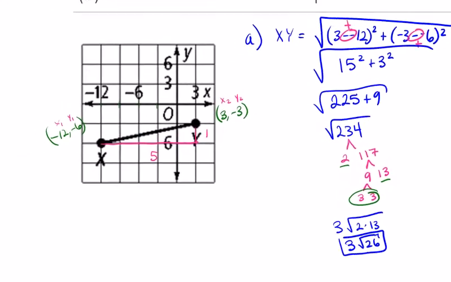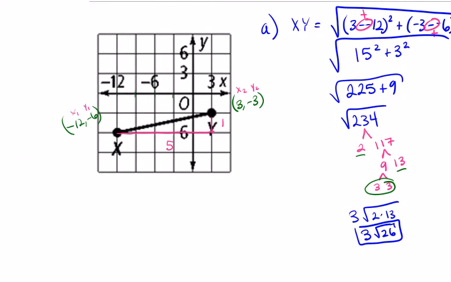All right, so next let's find the midpoint. I'm going to use the same coordinates that we had before, but now I'm going to use the midpoint formula. So I'm just going to do x1 plus x2 divided by 2, right? Just find the average of the x's, average of the y's.